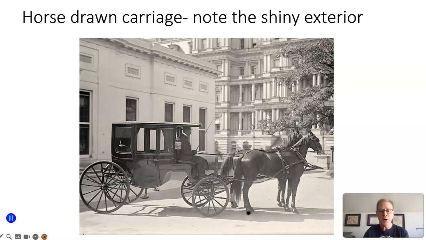But in the 19th century, what you did was you bought a horse-drawn carriage. And you see how shiny the exterior of this carriage is? Because this carriage is made out of wood and it's painted, but then you have to varnish the outside to protect it. And that varnish is made out of gum copal. Once again, like ivory, we don't have the glories of organic chemistry yet.